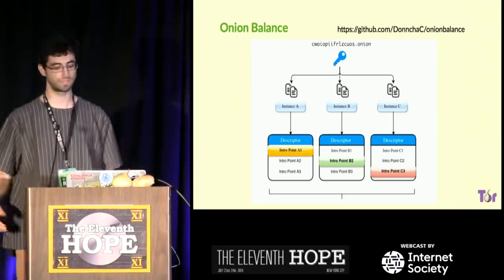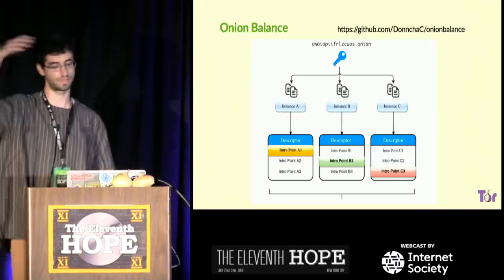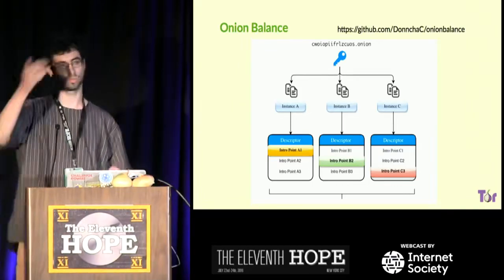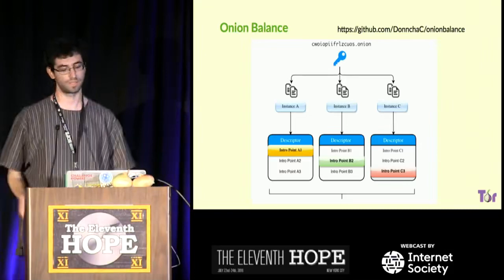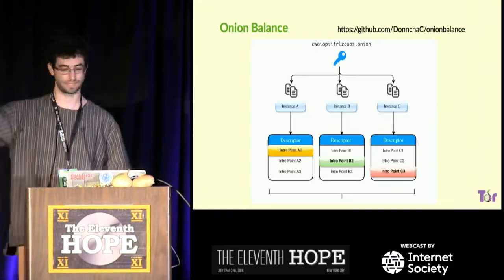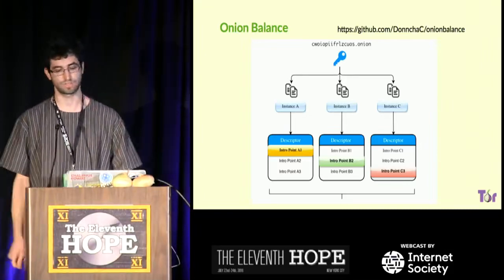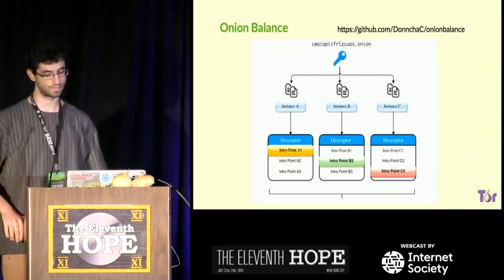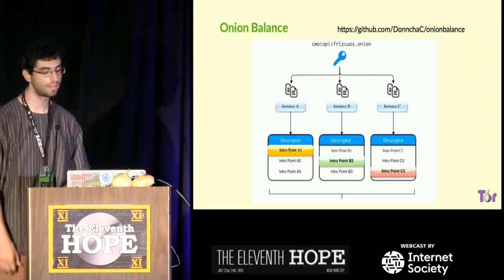So clients, when they take that super descriptor and connect to one intro point out of that descriptor, it can go to any of those 8 individual onion services. So basically you get load balancing on the introduction point layer.